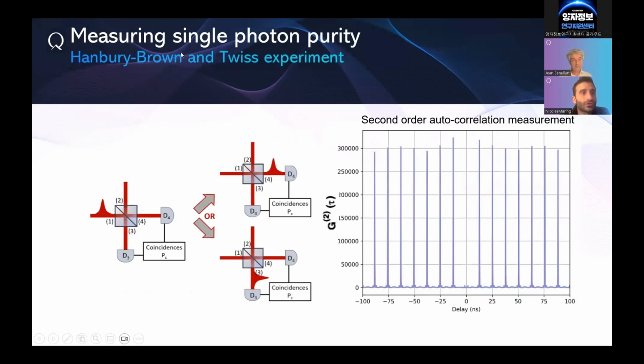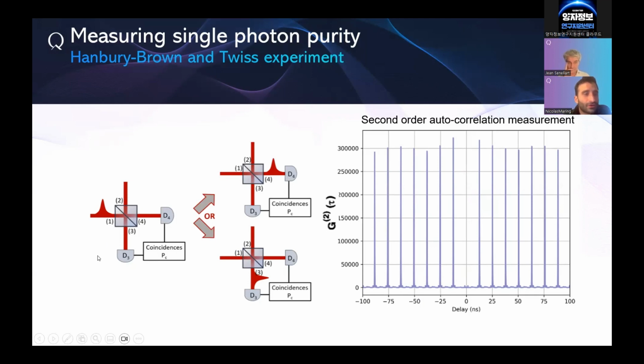So a few experimental tricks. How do we measure the photon purity? How do we measure that we have only one photon for every pulse? This is the Hanbury Brown and Twiss experiment. We input a single photon into a 50-50 beam splitter, meaning you have a 50% chance to be transmitted and 50% to be reflected. You put two different detectors and measure the coincidences between these detectors.